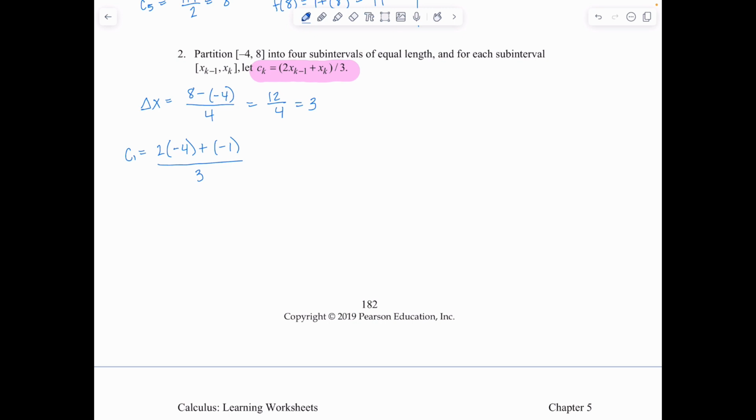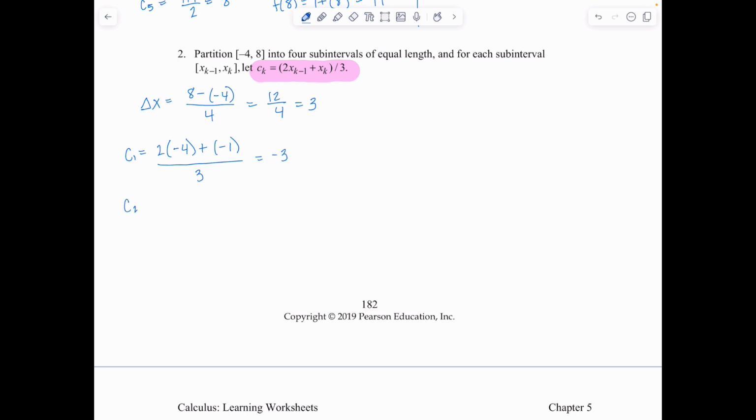And how did we get that -1? So we are changing our x by 3. So from one interval to the next, that's where that came from. This was going to give us a -3.